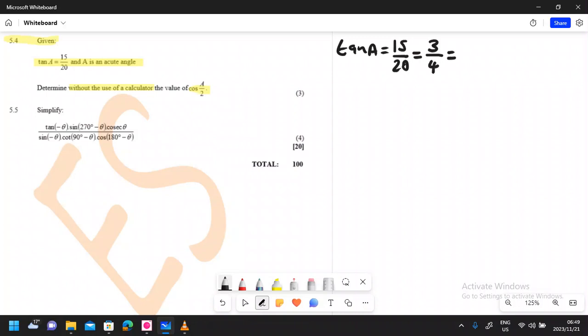So we know that tan is opposite, which is y, over adjacent, which is x. We know that, right? So what is missing here? We need to find our r. So you can draw a triangle here. You can draw the CAST diagram here.